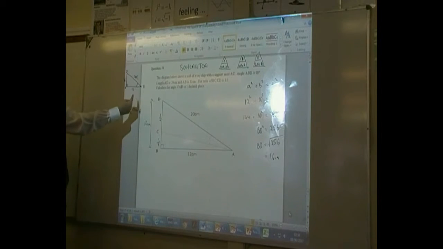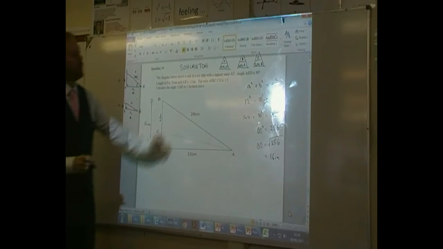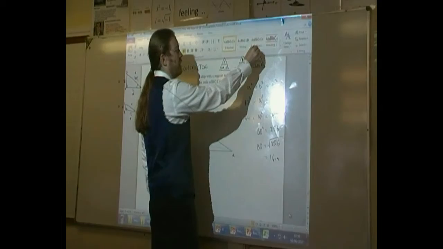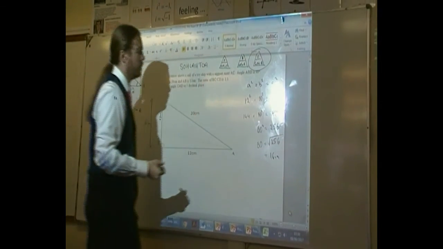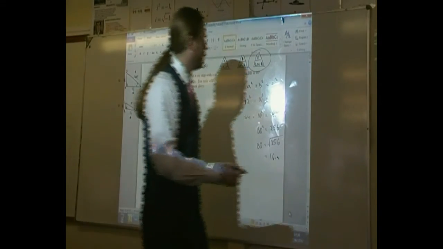And when I'm finding my angle, what am I using? Well, I've got the three sides, so I have the hypotenuse, which is the longest side, and then I've got the opposite, and I've got the adjacent. Opposite the angle, next to the angle. So if I've got opposite and adjacent, which one am I going to use? I'm going to use my tan rule. Okay, I'll draw it out a bit bigger for you.